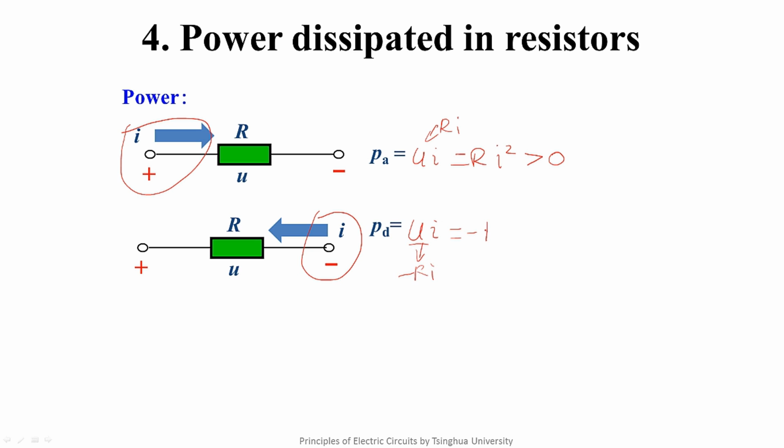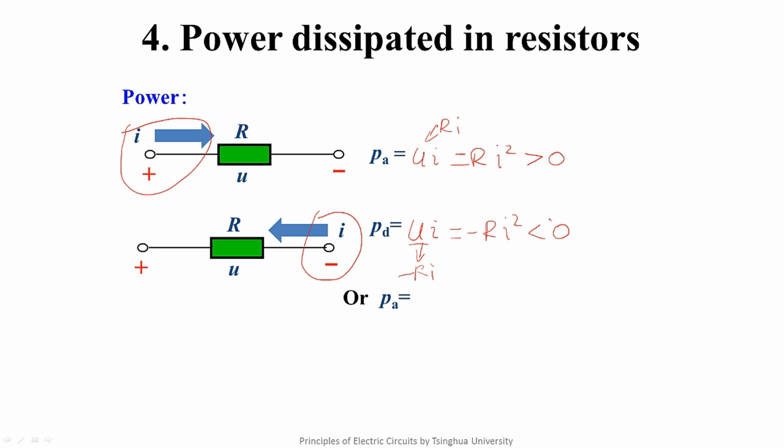So U equals minus R times I. Then the delivered power is equal to minus R times the square of I and is less than 0. What does it mean? It means that under the condition of non-associated reference directions, the delivered power is less than 0, and the resistor still absorbs power.